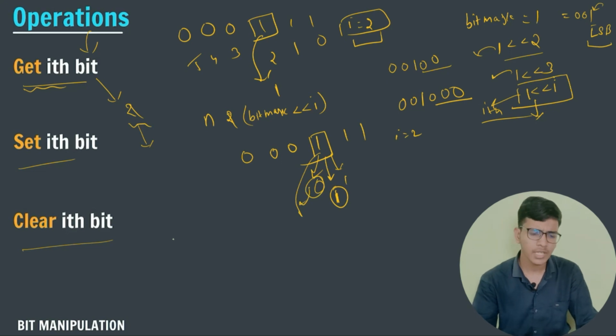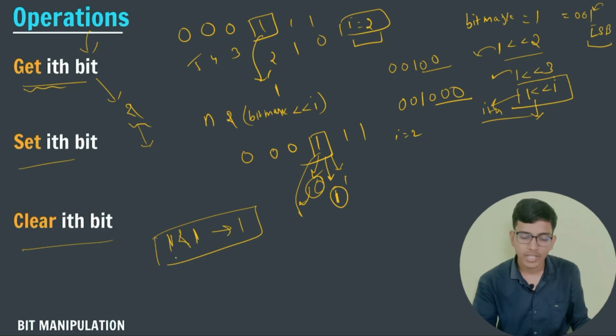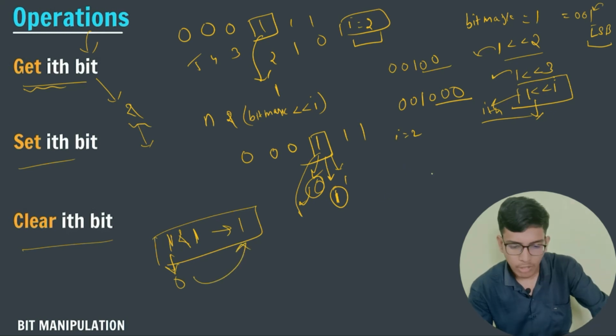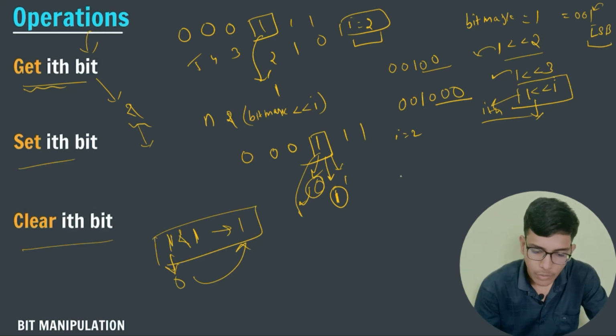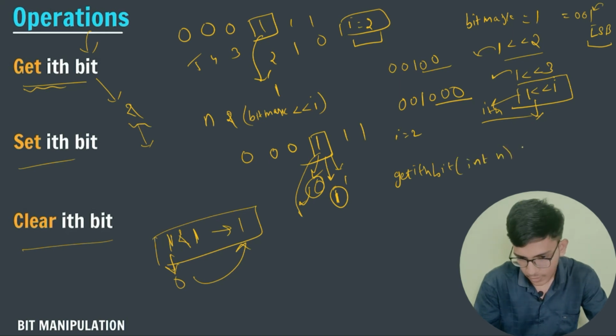So if I perform 1 AND 1, I know that the output will be 1. In this scenario, this is the output. In other cases, if the value is 0, then I will get 0. So the pseudocode will be: first of all I will write my get ith bit function, where I get my n value.